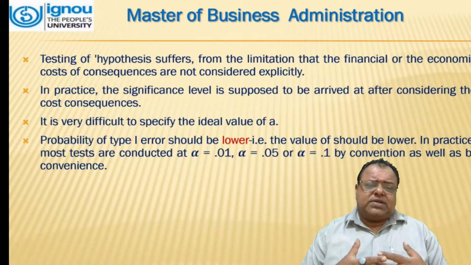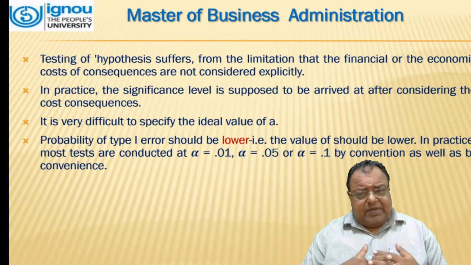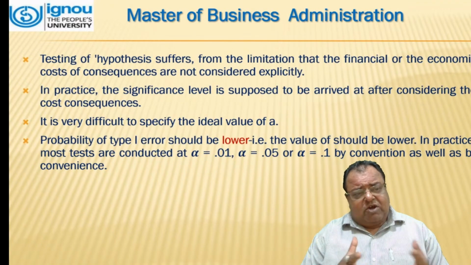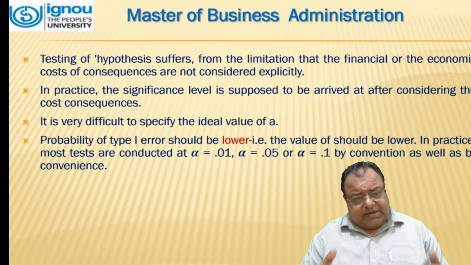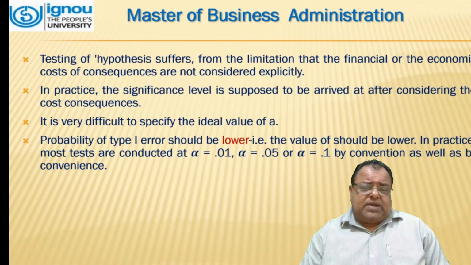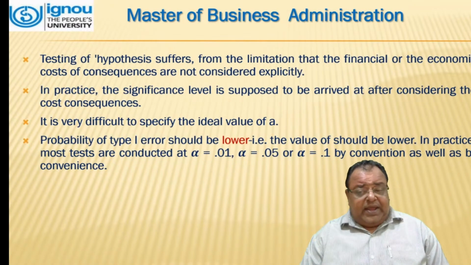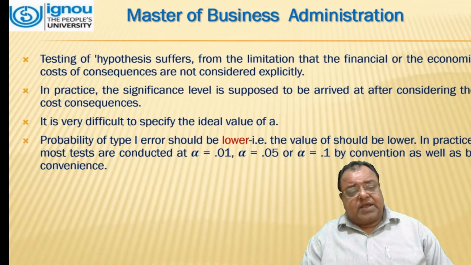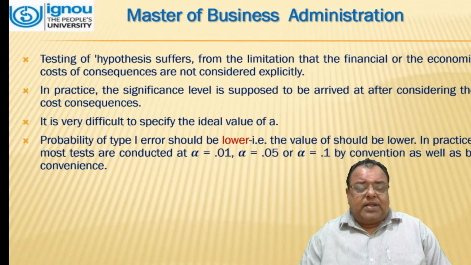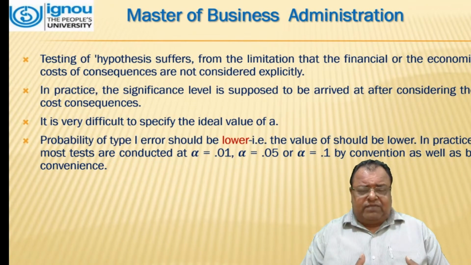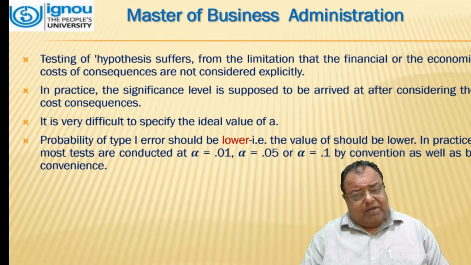Testing of hypothesis suffers from the limitation that the financial or the economic cost of consequences are not considered explicitly. In practice, the significance level is supposed to be arrived at after considering the cost consequences. It is very difficult to specify the ideal value of alpha.